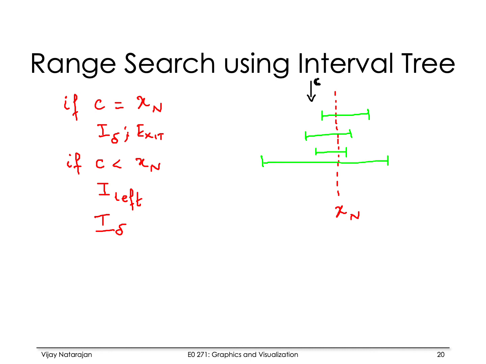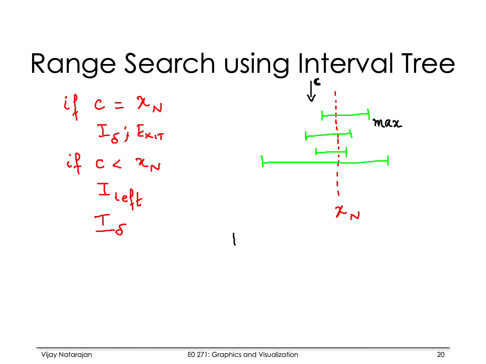So note that all the max for these intervals are greater than C. So there is no point looking at the max. This will not give us any information. The max for all these intervals are definitely going to be greater than C because they are greater than x sub n. So clearly we want to look at the min values to report the isosurface cells.